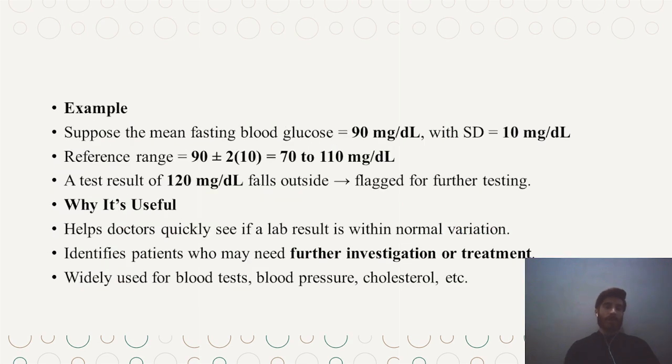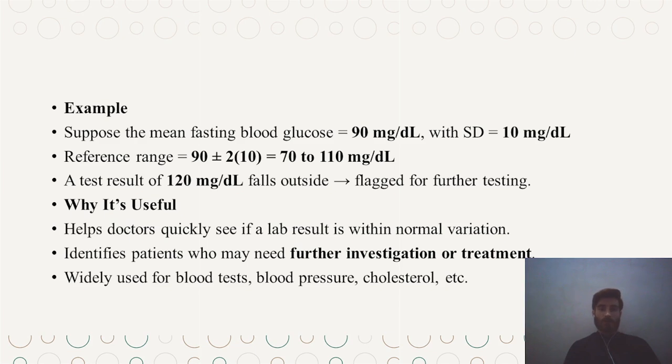For example, suppose the mean fasting glucose is 90 with a standard deviation of 10. The reference range is 90 plus or minus 2 times 10. The 2 is from the 95% area of a normal distribution and 10 is the standard deviation.